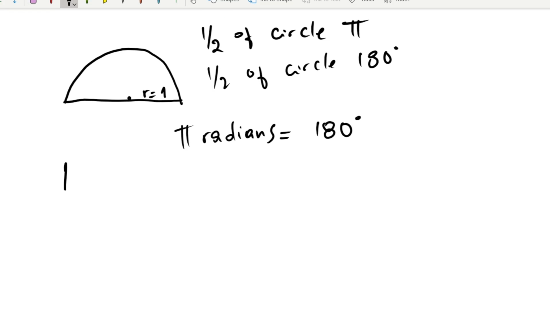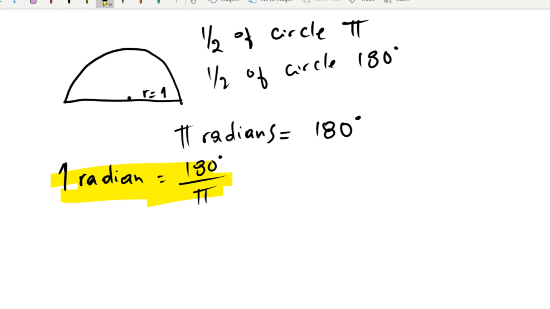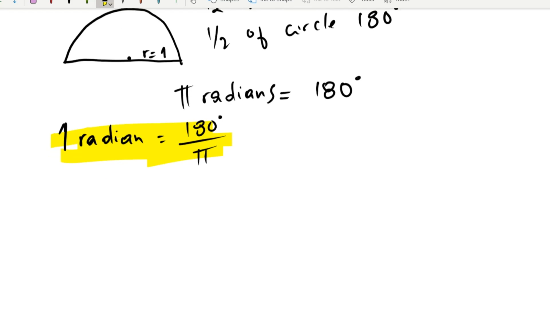That means 1 radian is 180 degrees divided by pi. It's very important that we remember that 1 radian is equal to 180 degrees divided by pi.